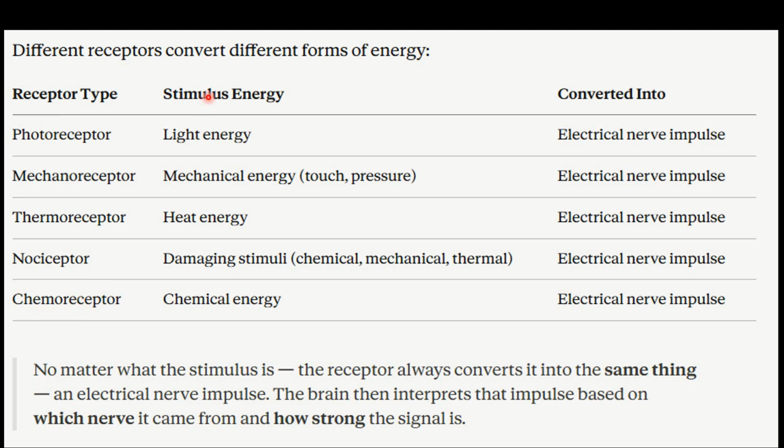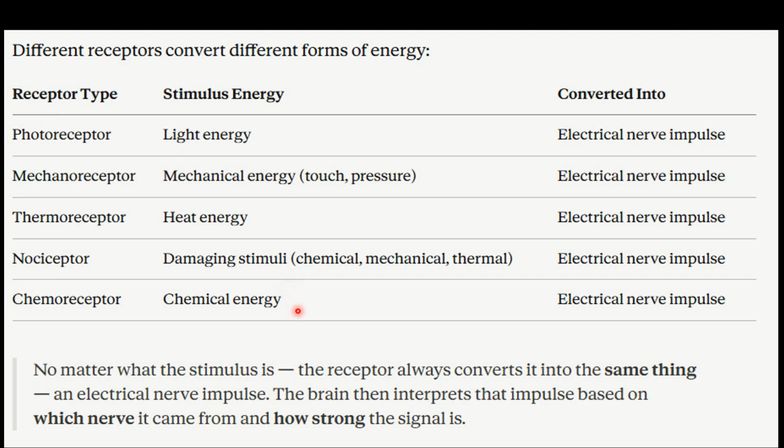If we look at the energy and its conversion, photoreceptors convert light energy into electrical nerve impulses. Mechanoreceptors convert mechanical energy like touch and pressure into electrical nerve impulses. Thermoreceptors convert heat energy into electrical nerve impulses. Nociceptors respond to damaging stimuli, chemical, mechanical, or thermal, into electrical nerve impulses.